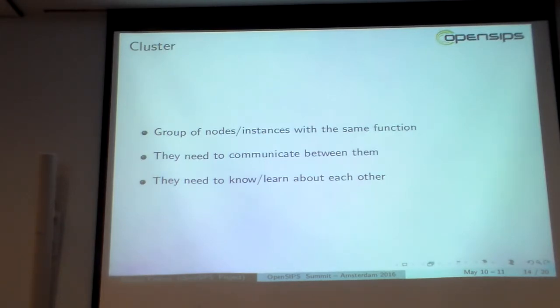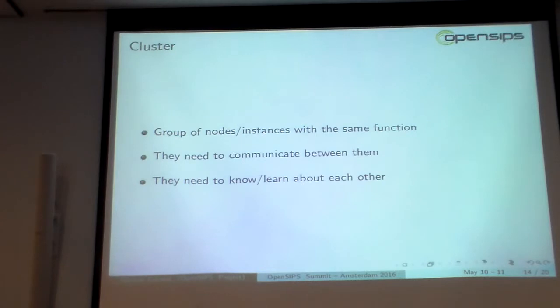And we thought of clusters. Basically a cluster is a group of nodes or instances with the same function that need to communicate between them. So inside the cluster there has to be a full mesh, but they somehow need to know each other. Somebody has to tell them, you talk to node A, you talk to node B, C, and D, and the other way around.